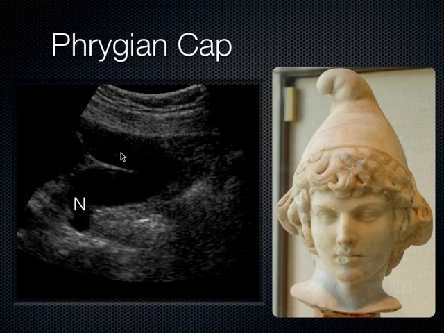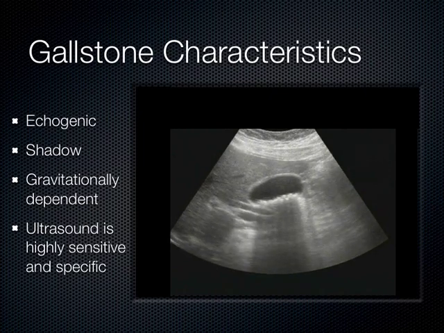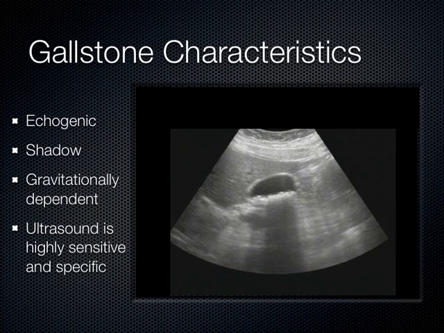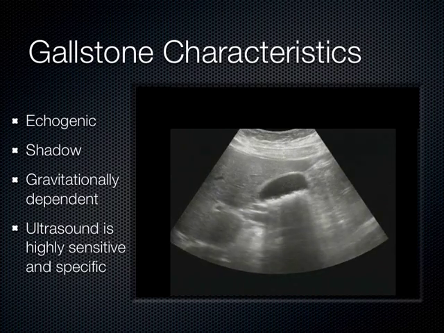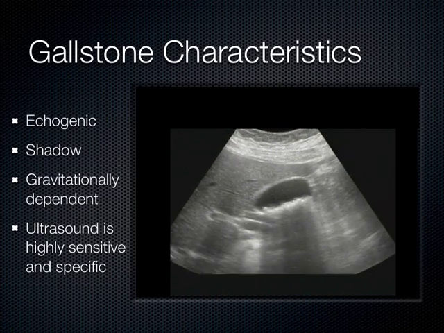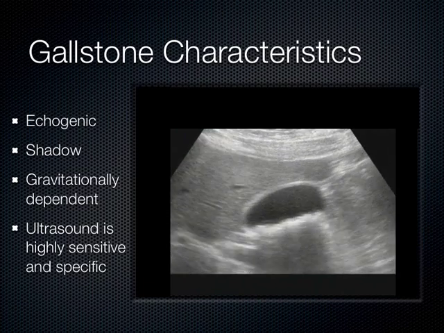Does that make sense? Now, gallstones themselves are cool because they're very echogenic. They're dense structures, so when sound encounters them, the sound gets attenuated and reflects back, and what results is a shadow. And so gallstones shadow, and they're gravitationally dependent. As you move the patient around, the gallstones move around.